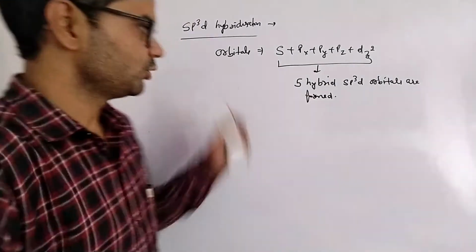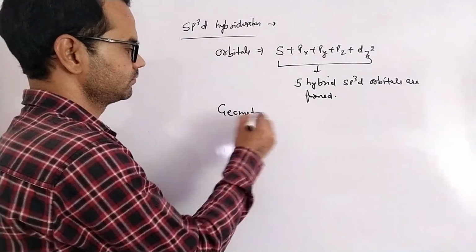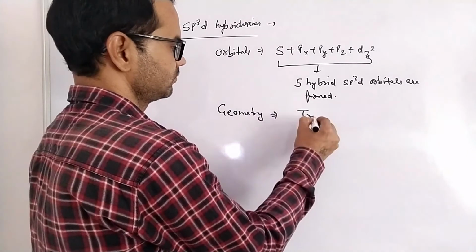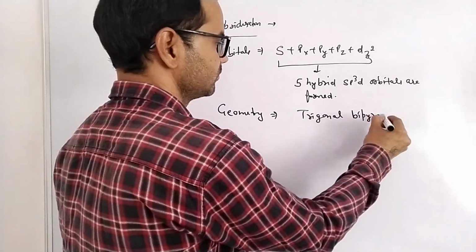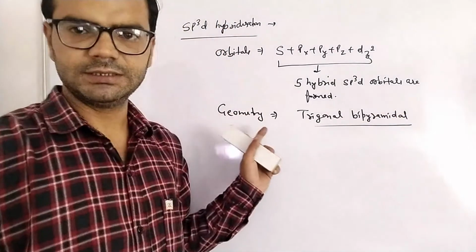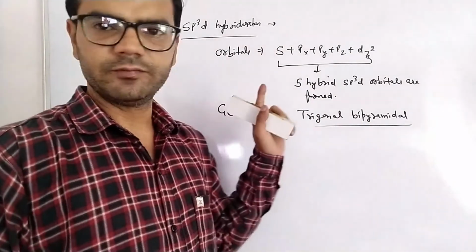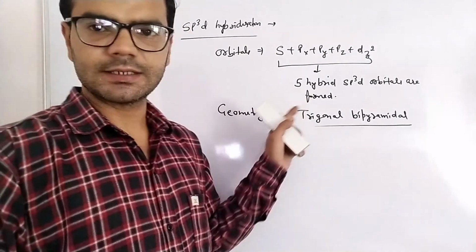So its regular geometry is trigonal bipyramidal containing 5 bonds, and various bond angles are formed here.